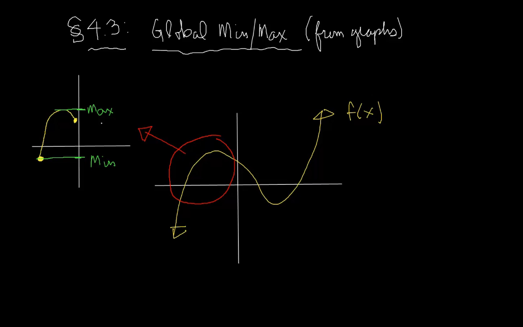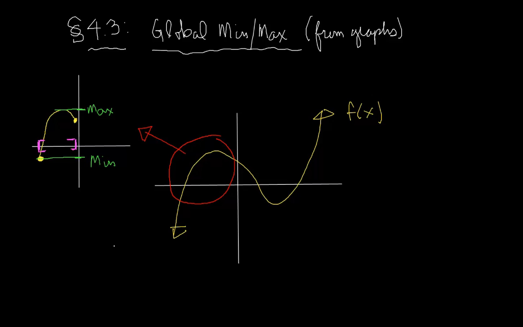On the other hand, the minimum occurred not at a trough, but at one of the endpoints, on this left endpoint here. Once you've restricted the function to a closed interval, this interval right here, you see I'm including the endpoints. So from here to here, you include the endpoints.